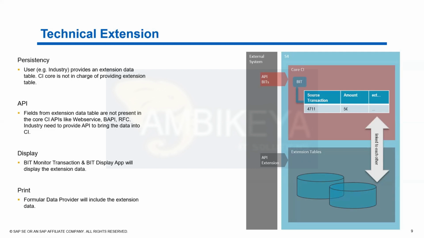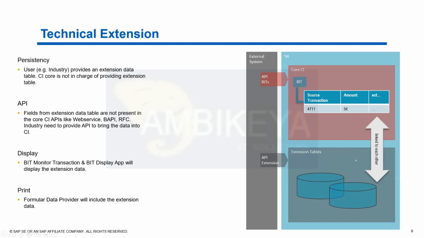If you upload billable items through our APIs, then of course you can also give us information about this extension table, which we then save in the extension tables, not only the information for the billable items.